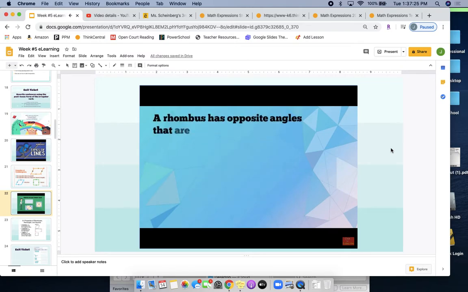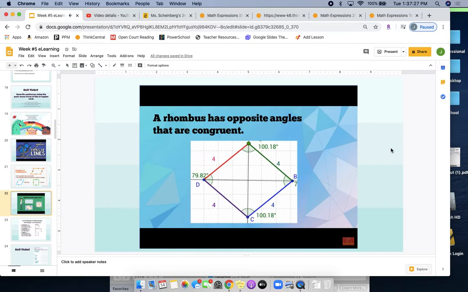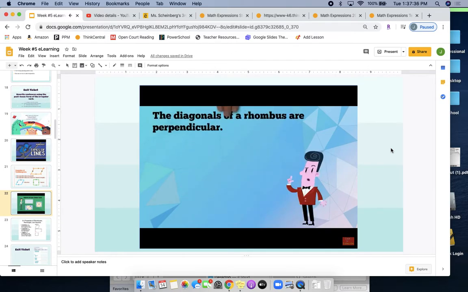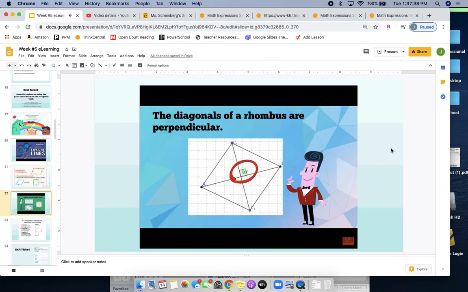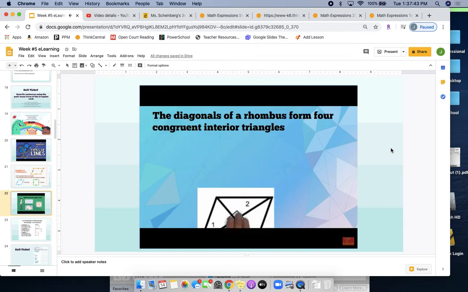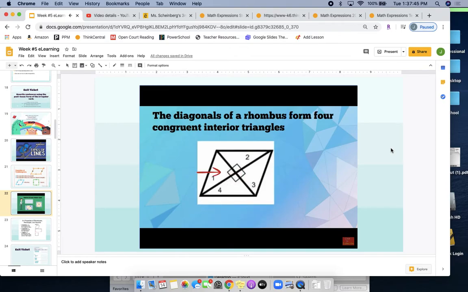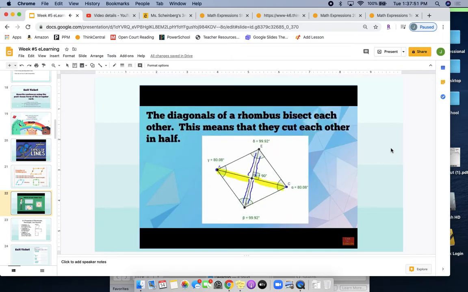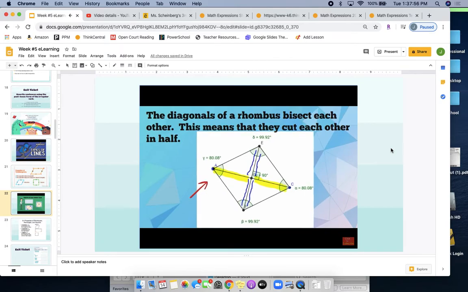A rhombus has opposite angles that are congruent. The diagonals of a rhombus are perpendicular. The diagonals of a rhombus form 4 congruent interior triangles. The diagonals of a rhombus bisect each other. This means that they cut each other in half.